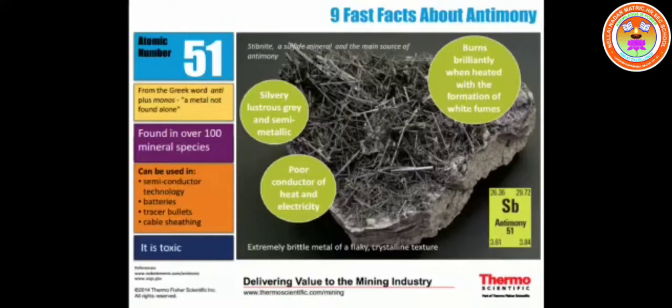So antimony is not found alone in nature, it is always present along with other elements, like antimony sulfide and antimony oxide. It is found along with 100 mineral species.